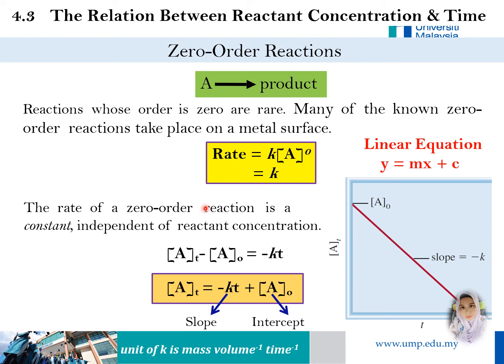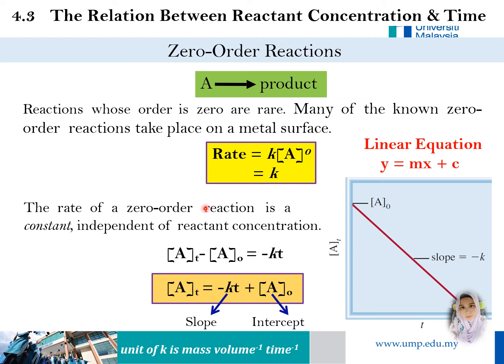Okay, the relation between the reactant concentration and time for zero order reactions, which is from reactant A to produce products. Actually, zero order is quite rare in the formation of products.